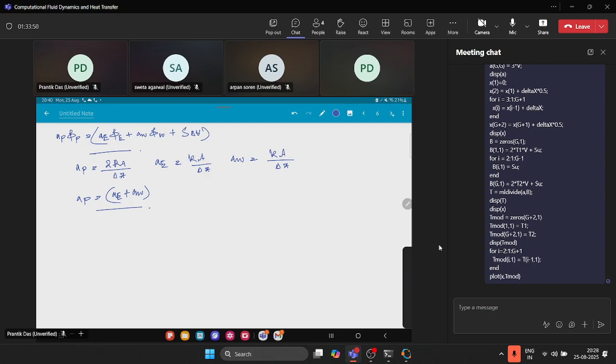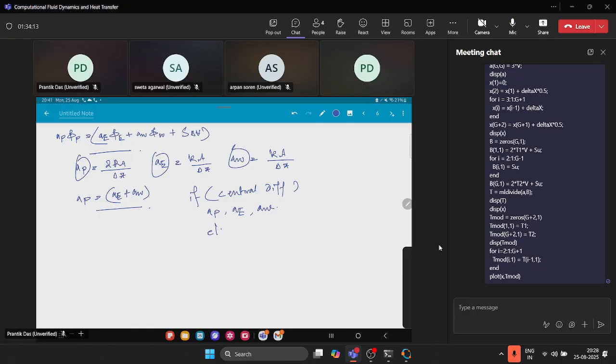If I change the discretization scheme, this AP, AE and AW will change. So if it is central difference, my AP, AE and AW will be some value.